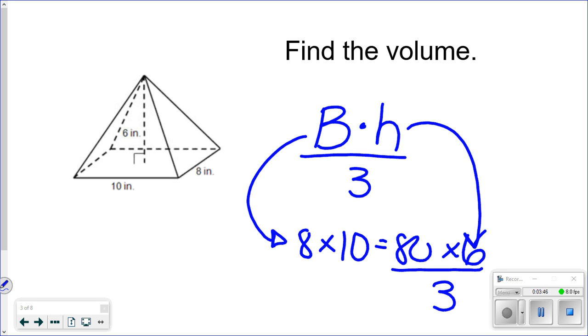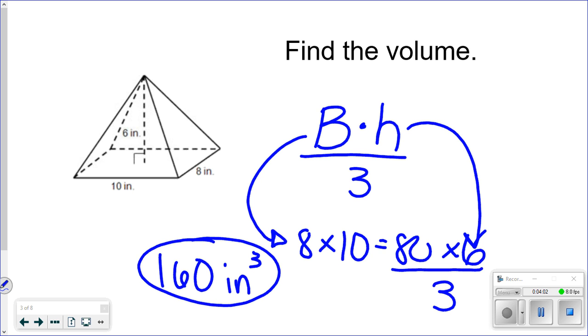I think it's 480. Divided by 3. The answer should be 160 inches cubed. That's my first example.